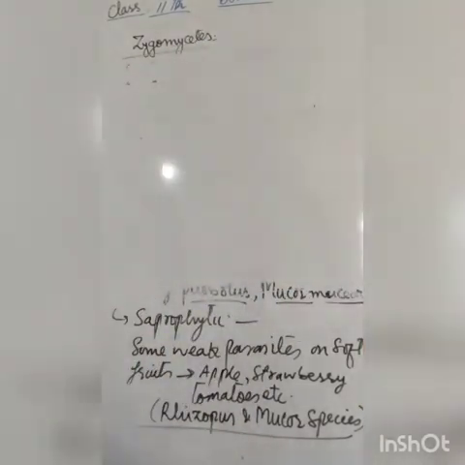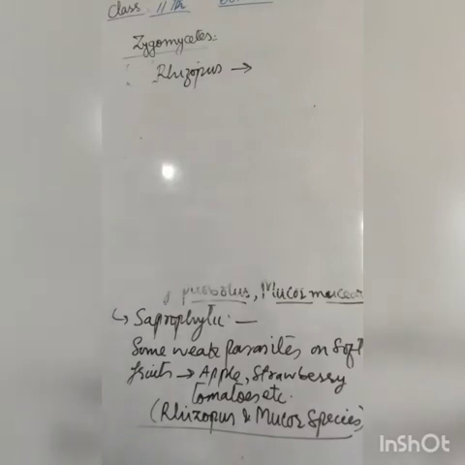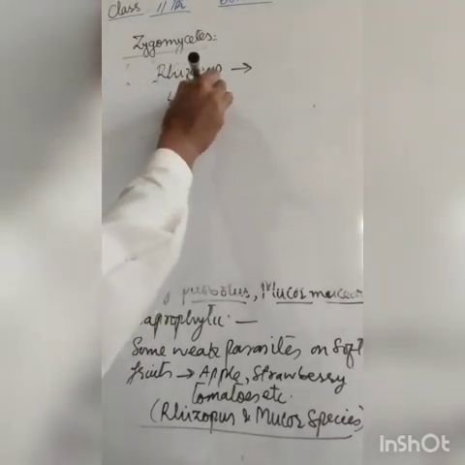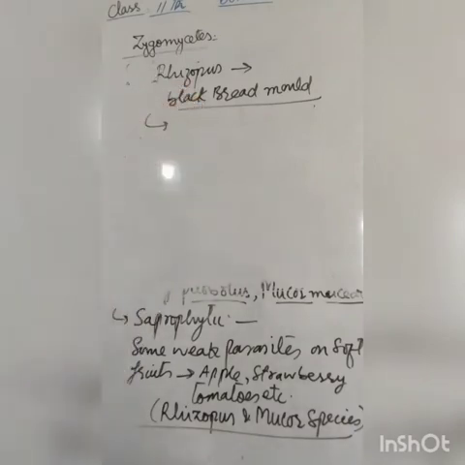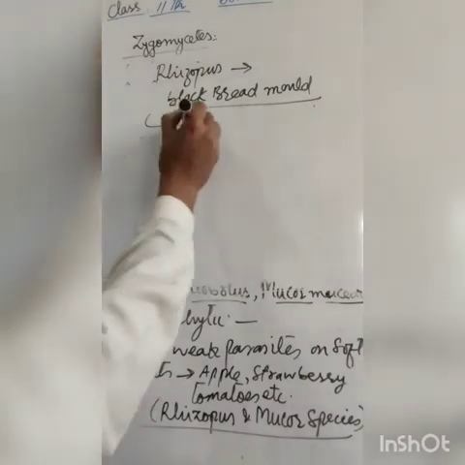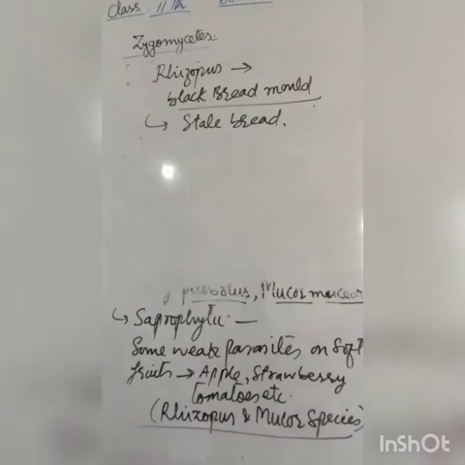Rhizopus is commonly called bread mold or black bread mold, as it shows vigorous growth on stale bread, that is, moist or wet bread, during moist and warm seasons.